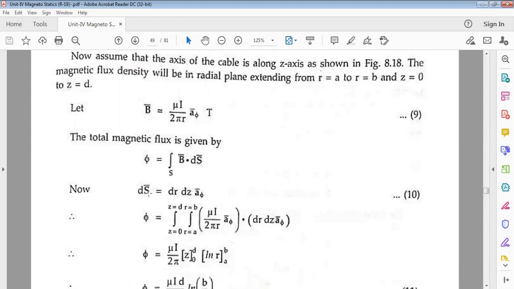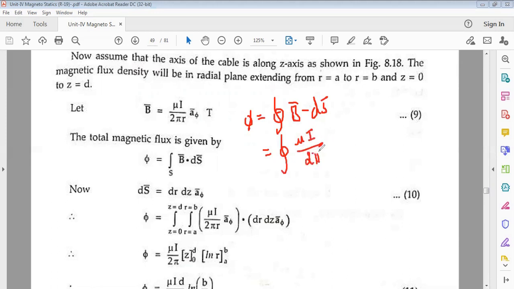Gauss law of magnetic field intensity. ds is along the phi direction in the cylindrical coordinate system, dr dz into a phi bar. In the Gauss law, B bar dot ds bar as phi is equal to the B bar we got in the coaxial cable, mu I by the 2 pi r into a phi bar, and the differential surface area normal to the phi direction, because here the phi is the only one.